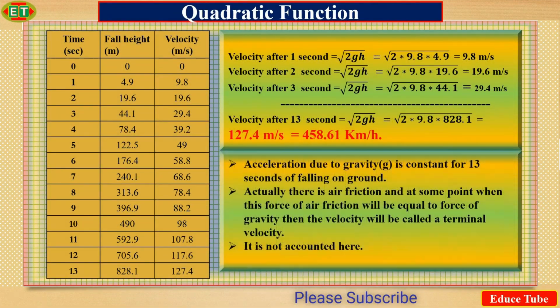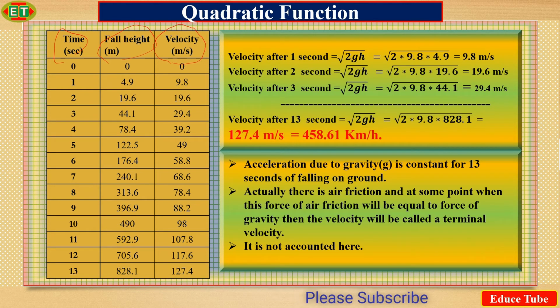Now here we have the table of time, fall height, and the new one is the velocity column. We have to find this value. We have the fall height. We will use the formula for velocity equal to square root of 2gh.